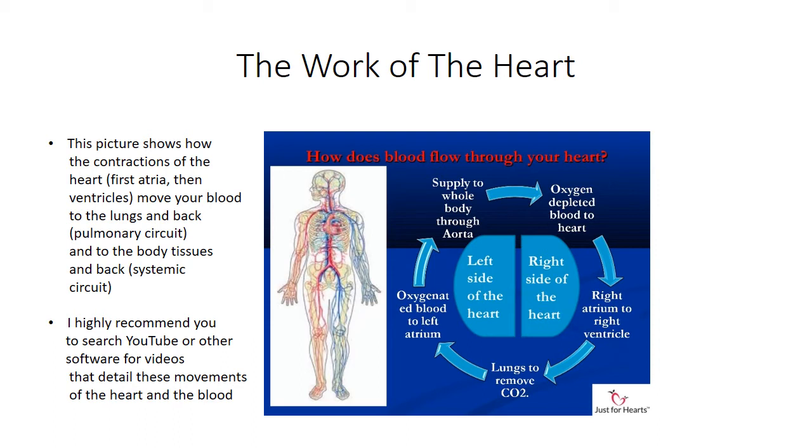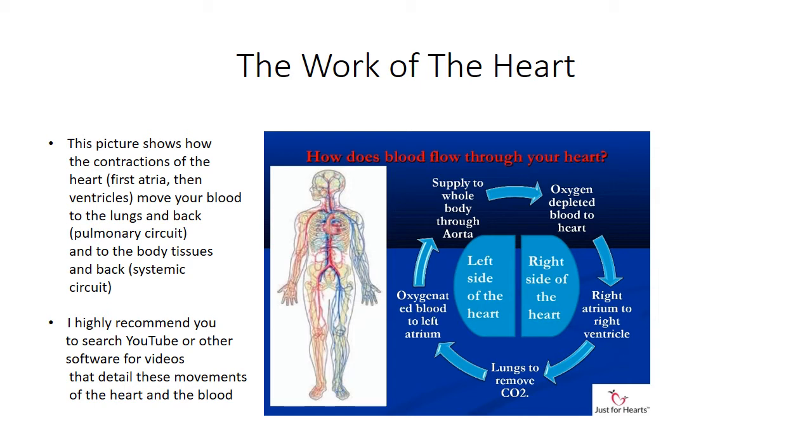Not back to the right atrium, but it pushes it to some large blood vessel. Which large blood vessel comes out from the right ventricle? How do we call it? Pulmonary trunk and pulmonary arteries, right?